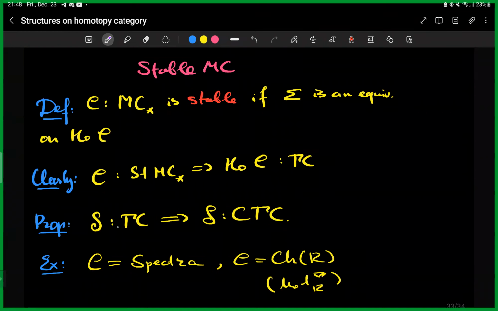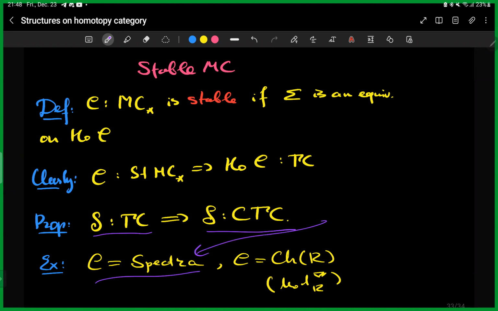We have this result that each triangulated category is a classical triangulated category. And finally, we have these three examples to illustrate what's going on.